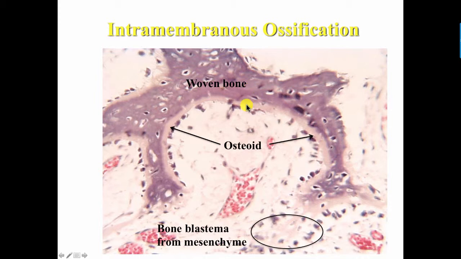This woven bone will eventually be remodeled by the action of osteoclasts chewing away this disorganized bone, osteoblasts coming and sitting within the Howship's lacunae and laying down new lamellar bone.